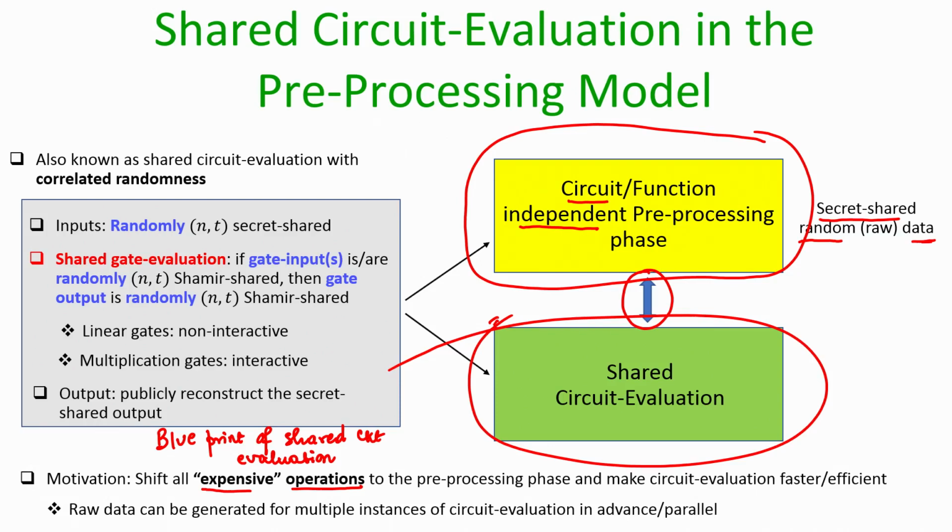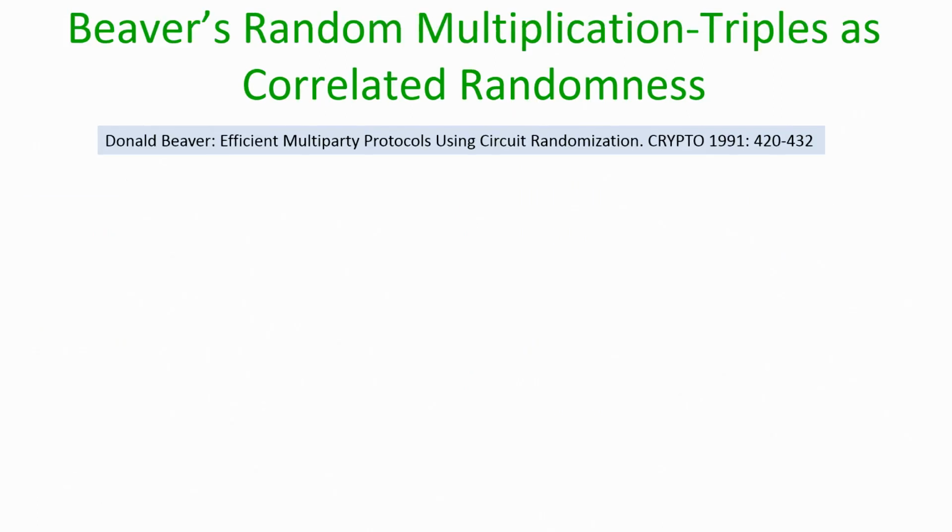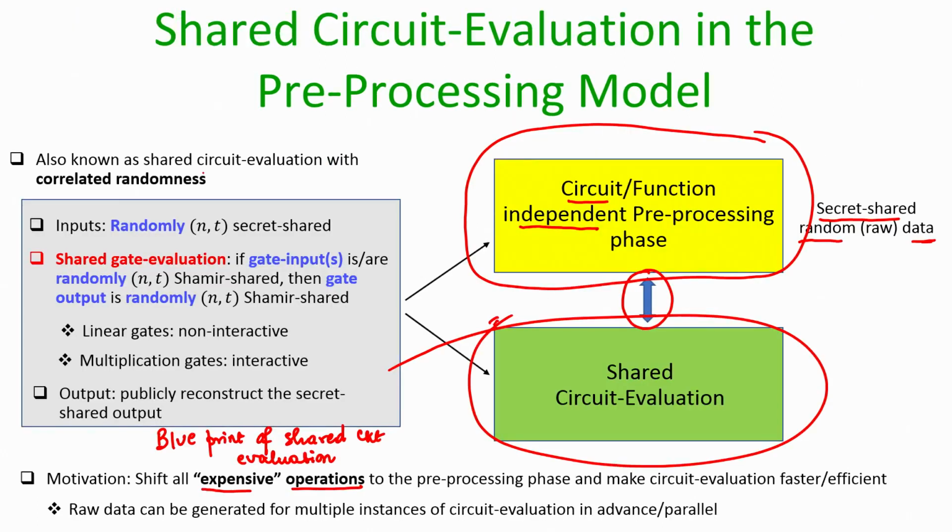So, if we can ensure that the actual shared circuit evaluation is going to be very fast, based on the assumption that we have already generated pre-processing data, then this is a very practically motivated approach. Now, the correlated randomness that the parties generate in the pre-processing phase can take multiple forms.